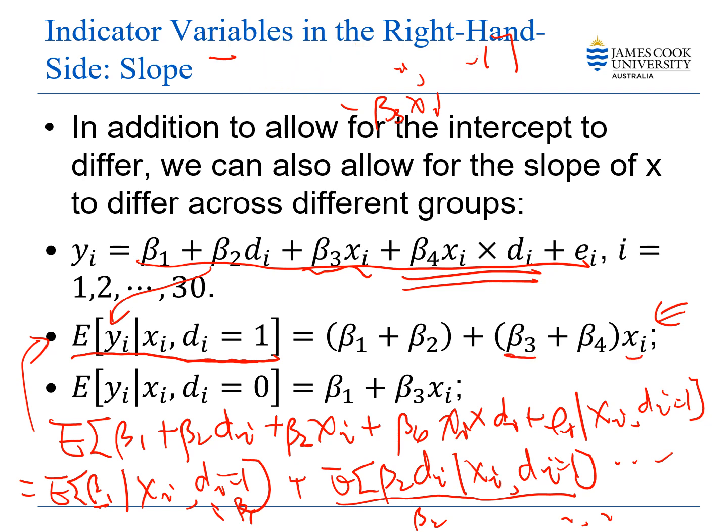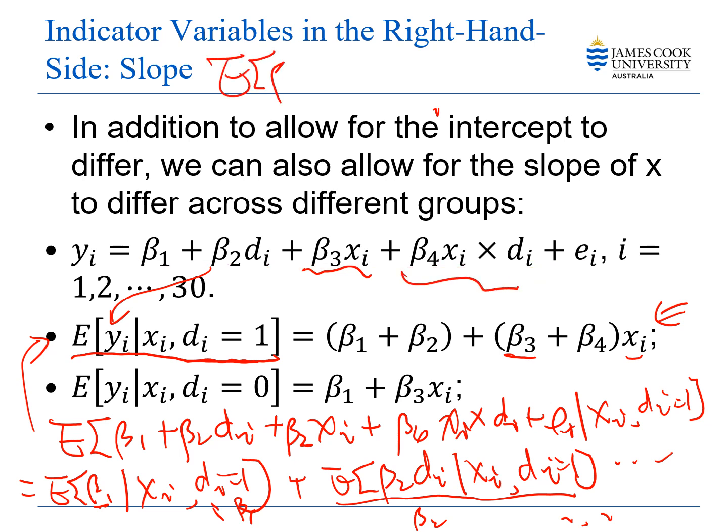The next term, beta 4 xi di, conditional on xi and di equal to 1. Now beta 4 is a constant, and we are conditional on xi, so we treat xi as a constant. We are conditional on di equal to 1, so we can replace di by 1.